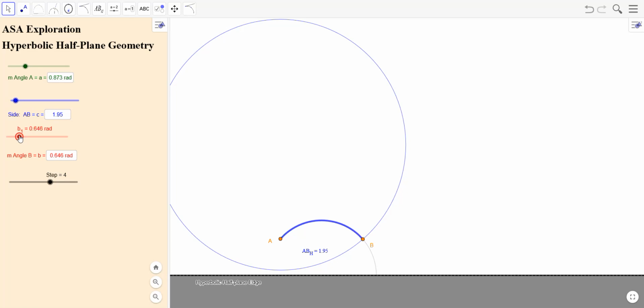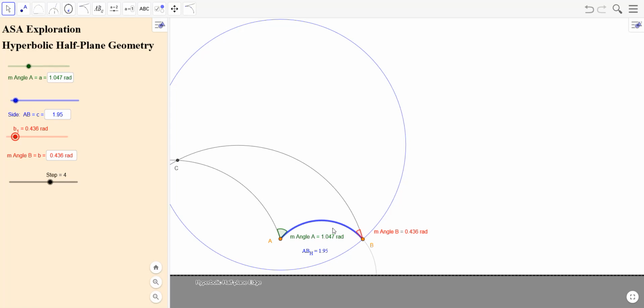It's not really illustrating very well. But you have the same situation you have in Euclidean geometry. If the angles are too big, then it turns out to be impossible to make a triangle. It's exactly the same condition.